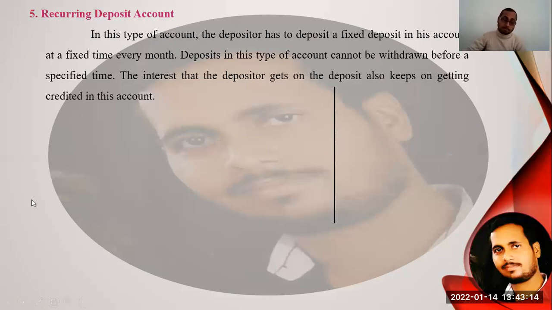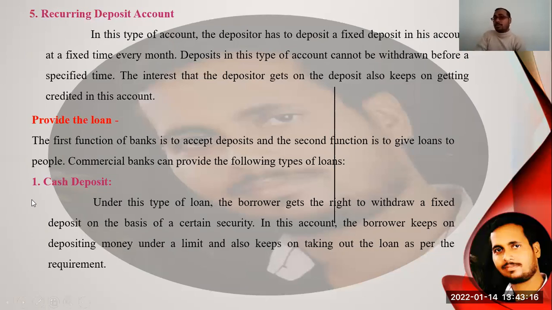Now another function of the banks is providing loans. The first function of the banks is to accept deposits, and the second function is to give loans to people. Commercial banks can provide the following types of loan accounts. First, the cash deposit account.